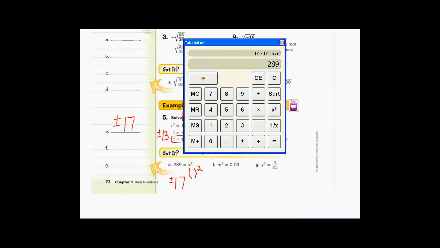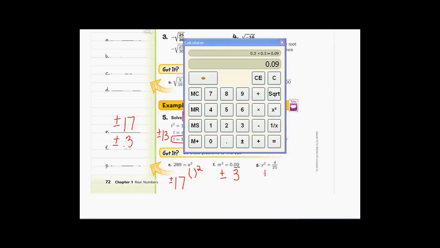F. I know it's going to be a plus or minus because I have a variable squared. What number will give me this? I know it has to have a 3 in it, but this answer is 0.09. So let's try 0.3 times 0.3, and it is 0.09. So my answer, plus or minus 0.3. Last one.